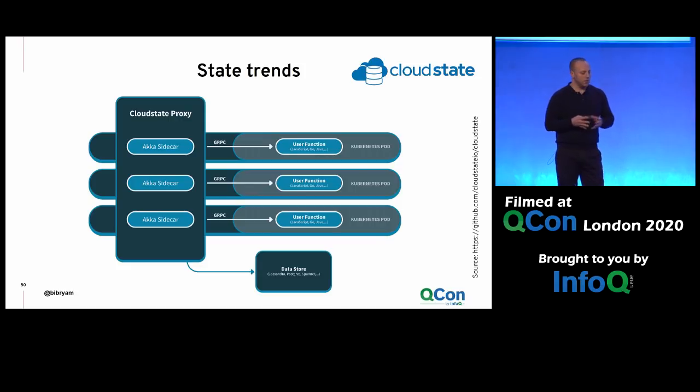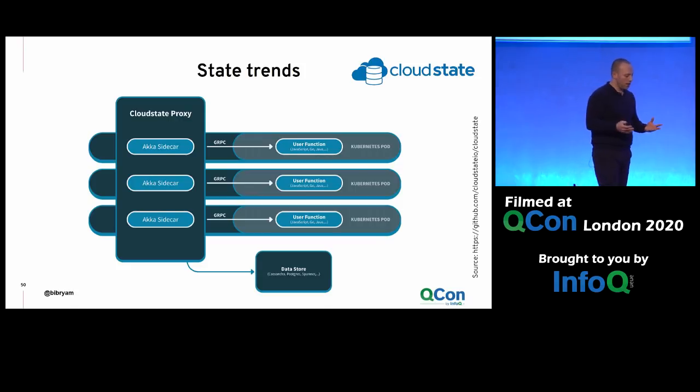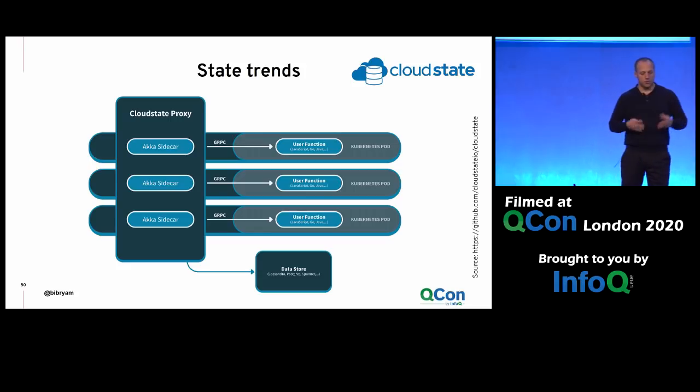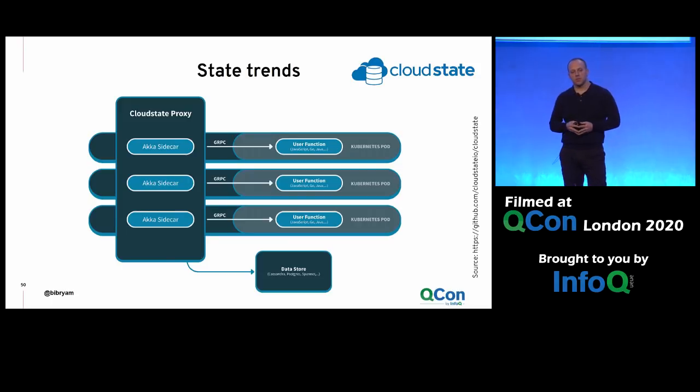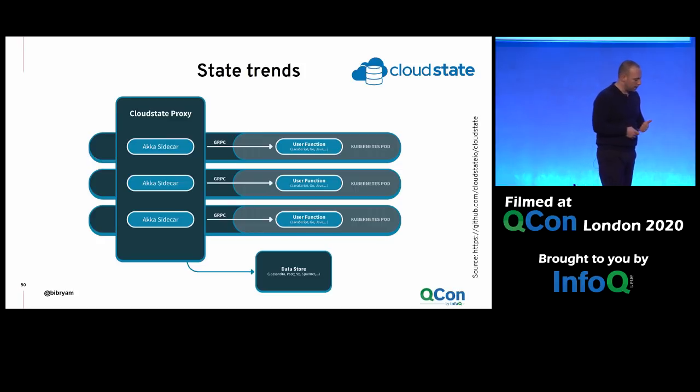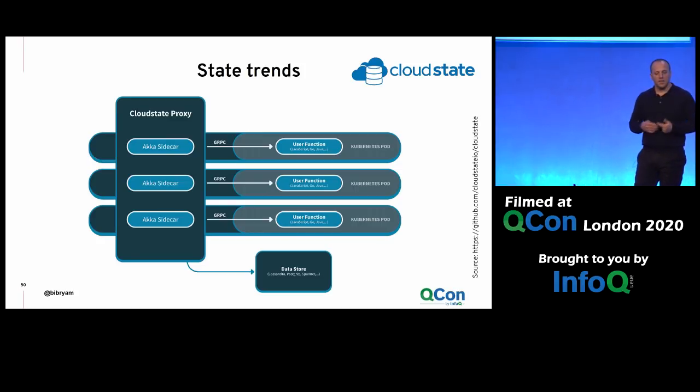The idea is when you write your function, all you have to do in your function is use gRPC to get state, to interact with state. The whole state management happens in a sidecar that is clustered with other sidecars, and it enables you to do things such as event sourcing, CQRS, key value lookups, messaging, etc. But from your application point of view, you are not aware of all of these complexities.